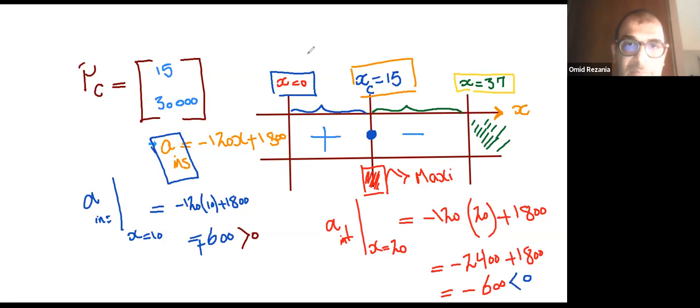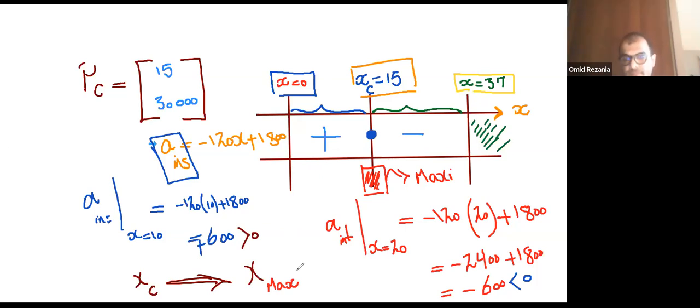You see that your x, which was a critical point, after our analysis, is inferred to be the x of the maximum. Right? And that's the lesson that we get from here.